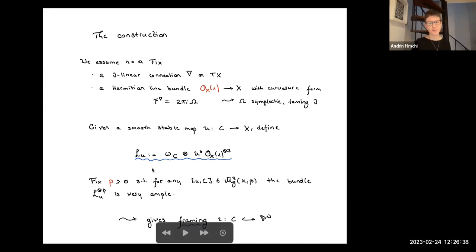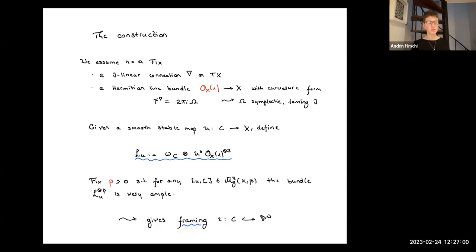Since this p essentially depends only on the topological type of C, and we have only finitely many of those appearing in the moduli space of stable maps, we can find a uniform p such that this line bundle is very ample, and also such that the H^1 of this line bundle vanishes.